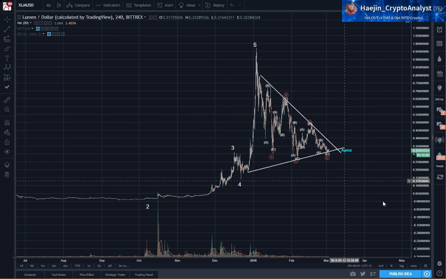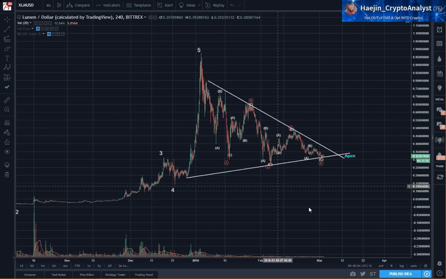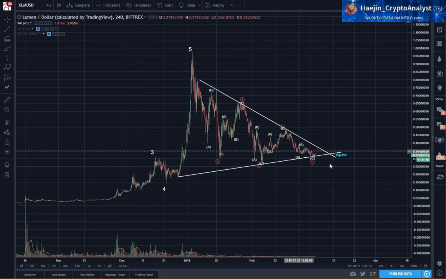So what does this mean? Look at the volume, it is nothing. Price is pretty proximal, very close to the apex. The closer it gets, the more agitated the whole thing becomes, and you're going to get a price explosion.